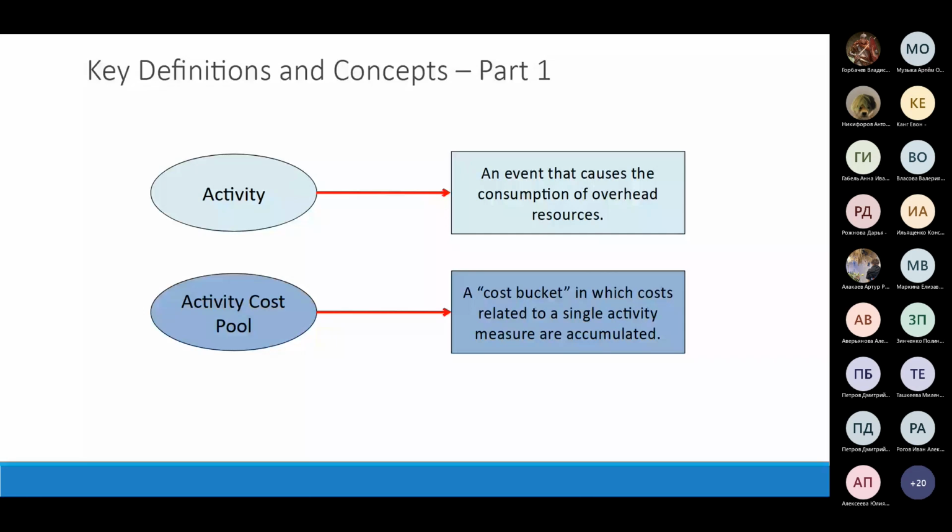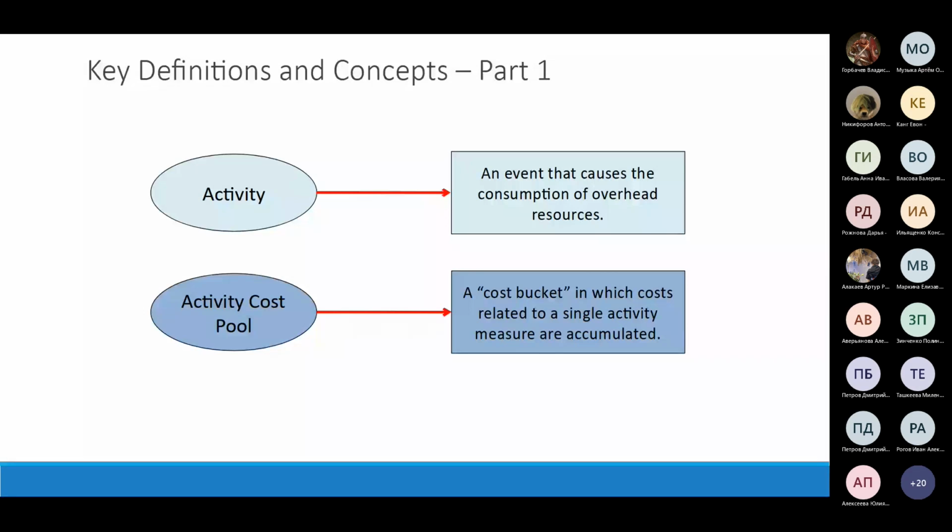An activity cost pool is a special cost bucket in which costs related to a single activity are measured and accumulated. So an activity cost pool means that we define the activity and then collect the expenses that are associated with the same activity. For example, if our activity is freezing, we may collect here the cost of electricity, which is used to freeze the ice cream.